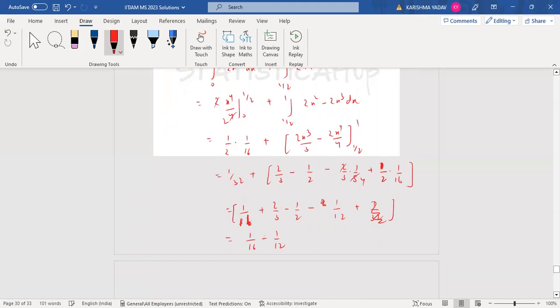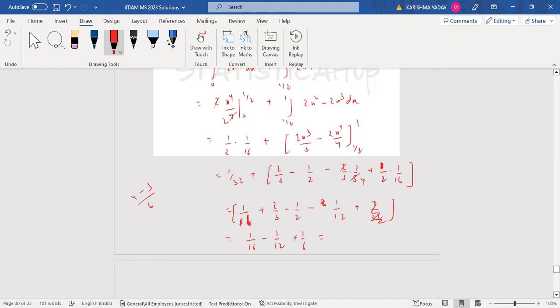If I solve these two, that is 2 by 3 minus 1 by 2, this will be equal to 1 by 6. Okay, this is 1 by 6.